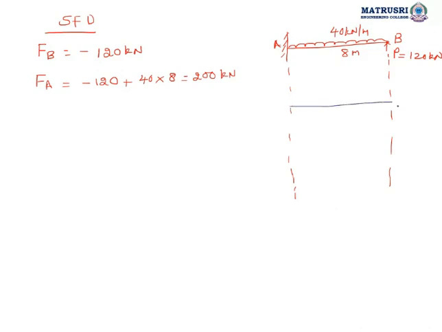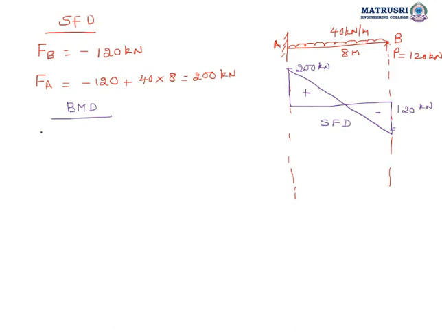Here minus 120, then F of A is 200 kilonewton. Because this is UDL, it is linear. Above the baseline is positive, below the line is negative. So I got SFD.